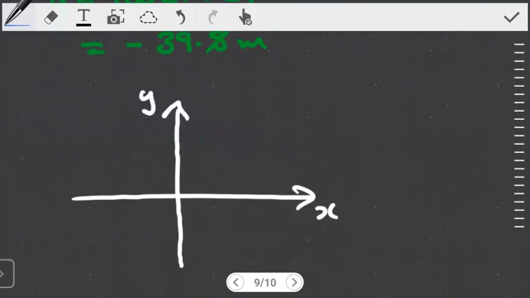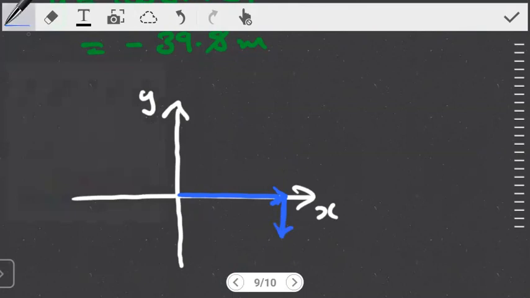We found it as 353, so positive. So this is the x component. The x component was positive, so we went to the right. The y component is negative, meaning we have to go down. So these are the components of this particular vector.